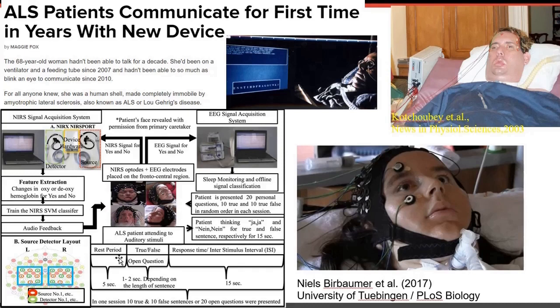That means they can't even move any muscles. They can't even speak. Eventually, at the late stage, they can't, unfortunately, move even their eyeballs. However, their brain is so healthy and intact, and they can hear their surroundings, what's going on, but they can never speak it out or provide any kind of output for communication.